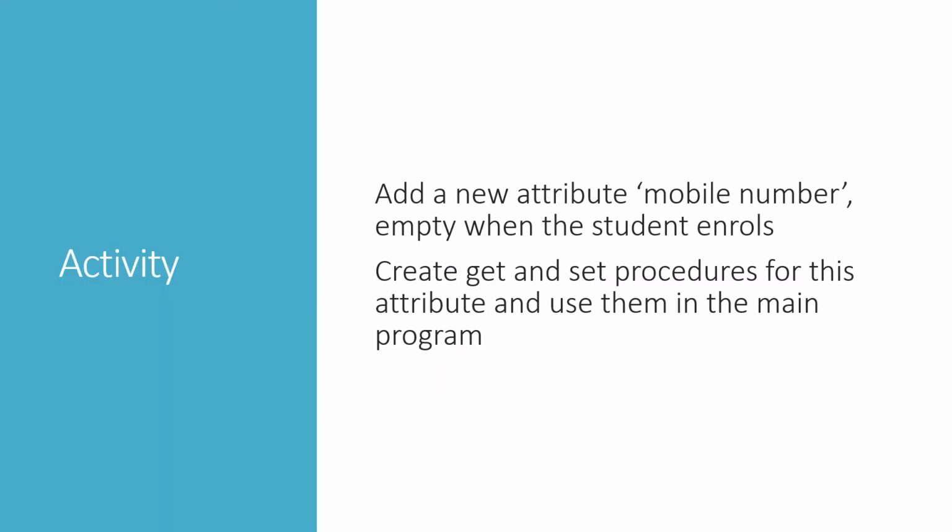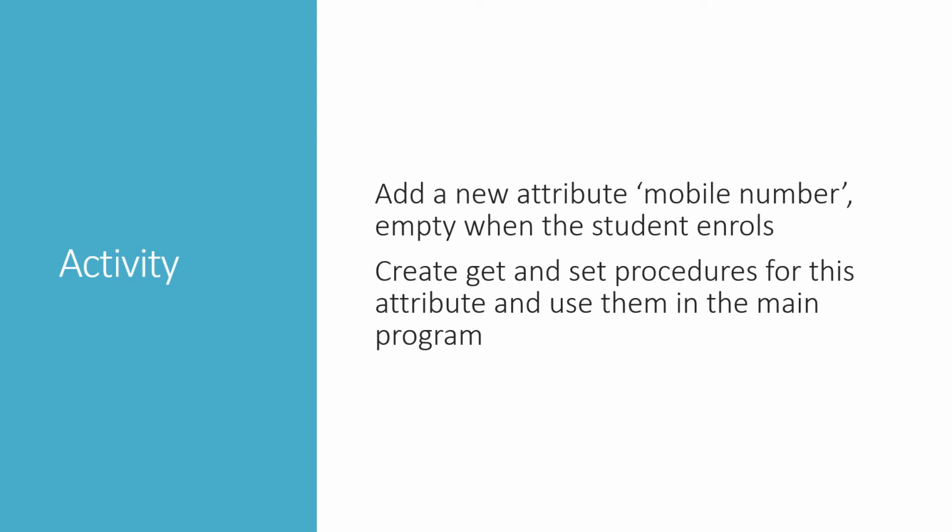So go back to this program that you've hopefully now completed. If you haven't got it working, you can simply copy the code that I've shown you and add a new attribute to the student constructor called mobile number and make that an empty string when the student enrolls.